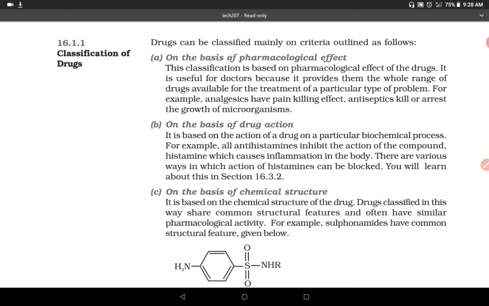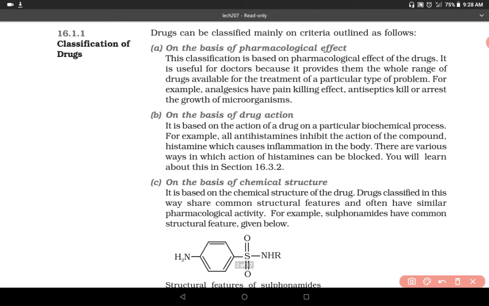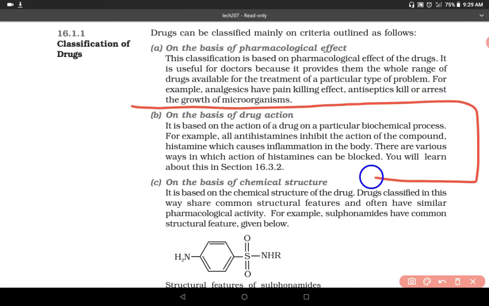Are antihistamines the only solution to decrease the inflammation in our body? No, there are other methods also. We will learn about this in this chapter, at 16.3.2. How do we represent this sentence? I need to represent this sentence by two words: drug action.